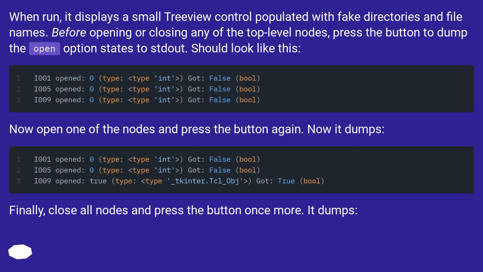Before opening or closing any of the top-level nodes, press the button to dump the open option states to stdout. It should look like this.